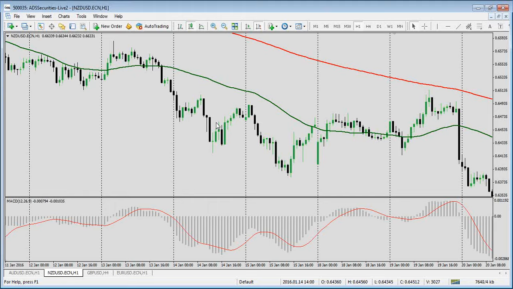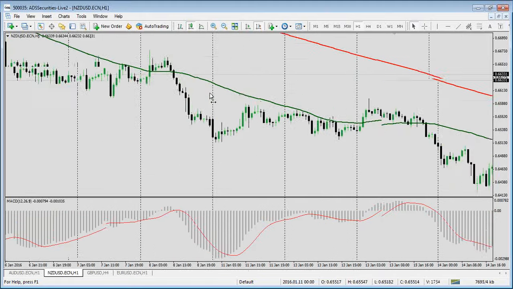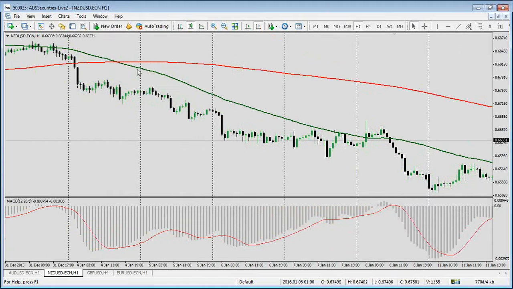Instead we look for long opportunities. Whenever both moving averages are showing downwards, we of course avoid longing, and we look for short opportunities, just like over here. As long as the moving averages are showing downwards, we are in a bearish market.